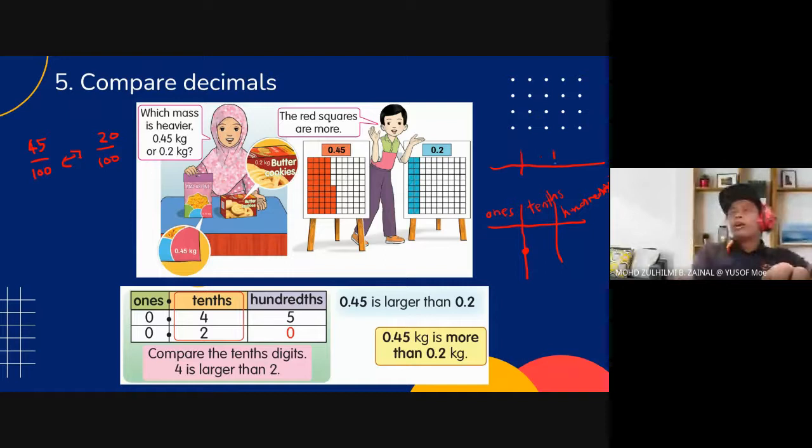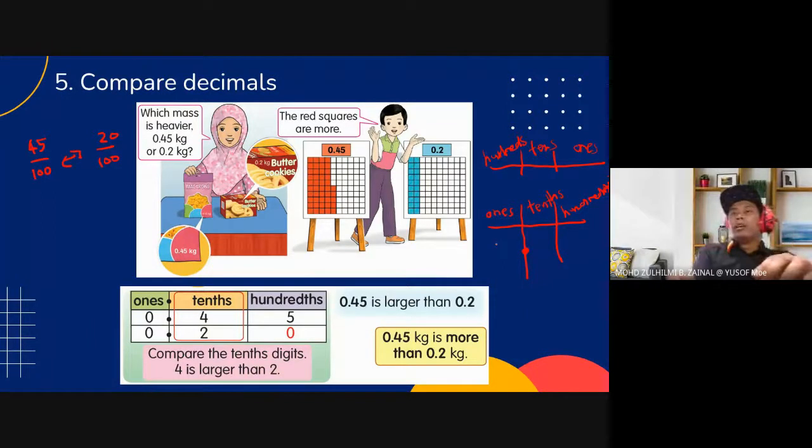Kalau dulu ini dia terbalik. Kalau dulu ones here, 10 here, hundreds here. Macam tu dia terbalik. Kalau decimal dia terbalik. Ones kat depan, tens kat tengah dia, hundreds. Boleh faham? So you just remember to put the place value macam ni.